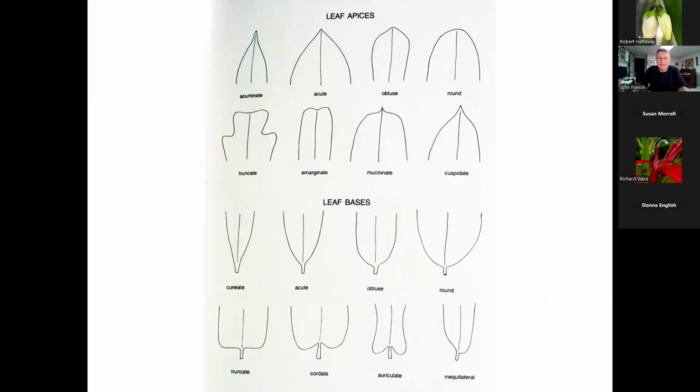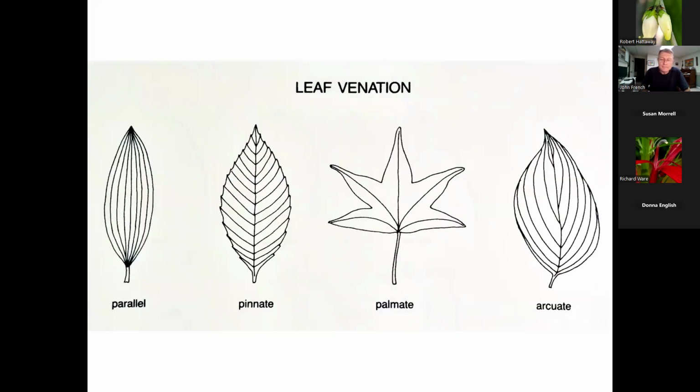The different leaf tips, apices they call them: acuminate, acute, obtuse, round, truncate, emarginate, mucronate, cuspidate. And the bases: cuneate, acute, obtuse, round, truncate, cordate, auriculate, inequilateral. The leaf venation, the veins: parallel, pinnate, palmate, and arcuate.